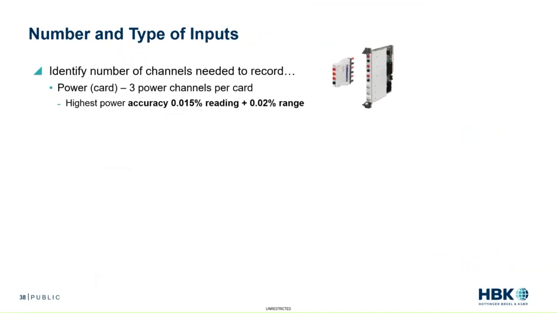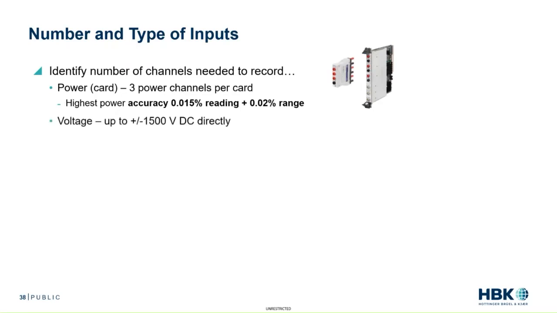So here, we're looking at a number of other channels that you may need to record. In addition to the power card, you have the 3 power channels per card. This particular card has 3 voltage inputs and 3 current inputs, with the highest power accuracy of 0.15% of reading and 0.02% of range.